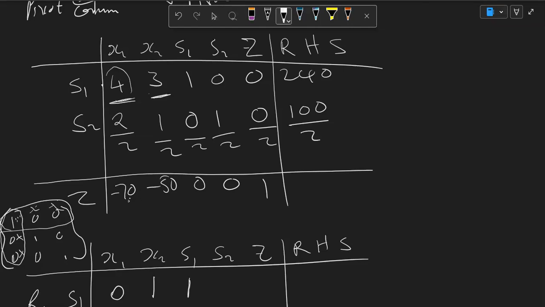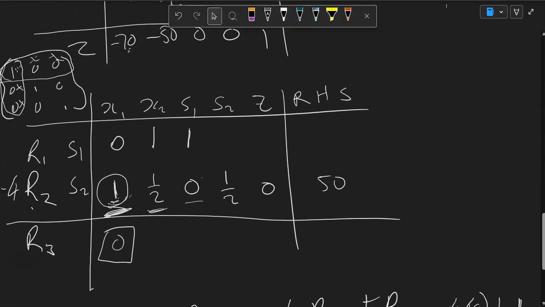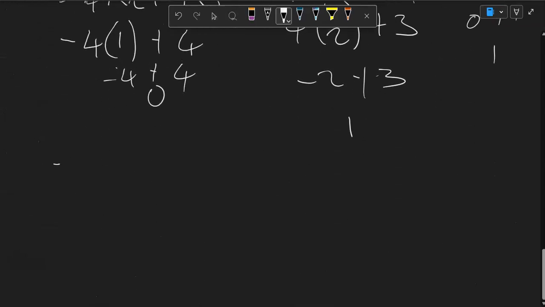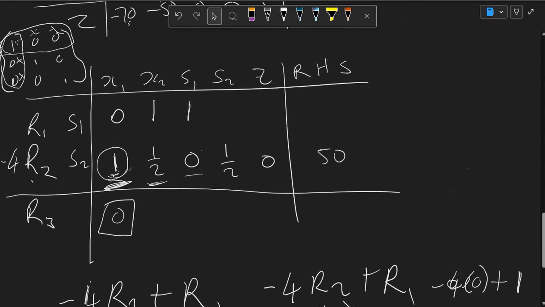We go to the fourth place. Our row 2 is half. So we are saying -4 multiplied by row 2, which is half, plus row 1.